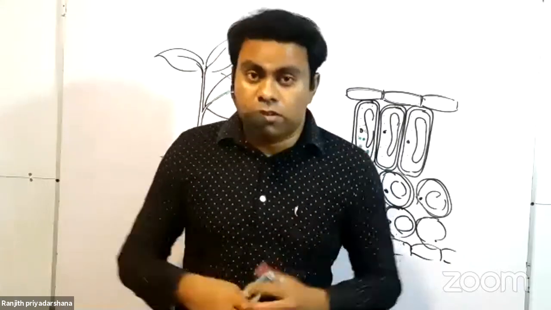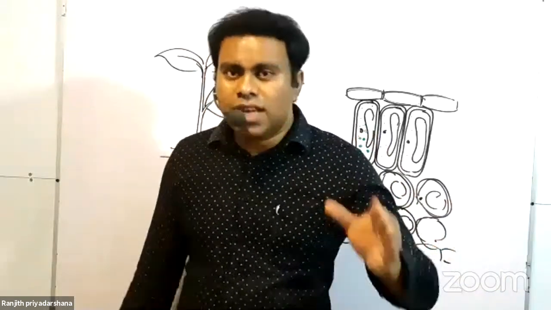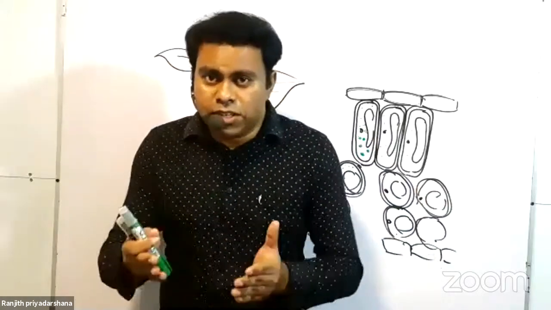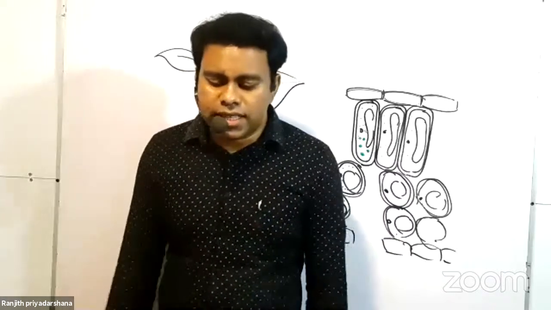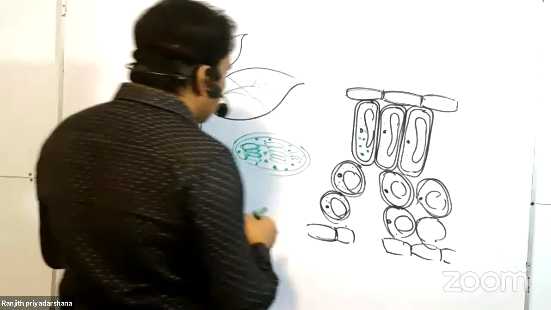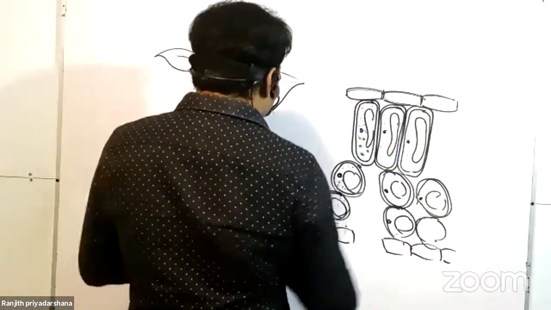They can produce their own foods, but not using the energy of light. They use chemical energy. By using chemical energy they can produce their own foods. That autotrophism is known as chemoautotrophism.